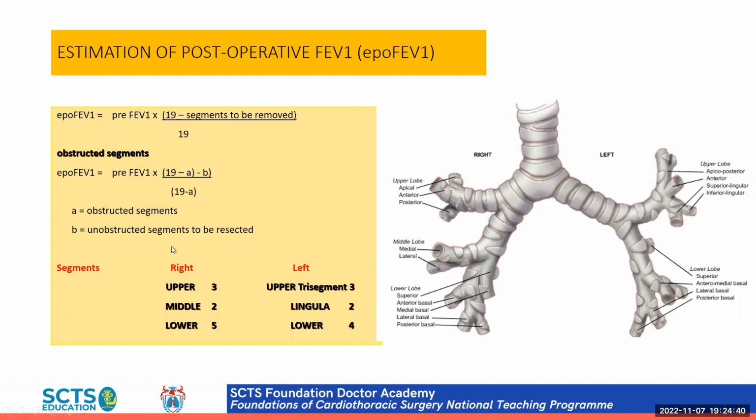Now, there are cases where the patient already has collapse of part of the lung, maybe the whole lung, where they are not using it because of, for example, a lung tumor occluding the whole left lung. So if the whole left lung is occluded by a tumor and you want to remove the whole left lung, you're going to say 19 minus 9, and then because it is completely occluded, there will be nothing basically taken out.